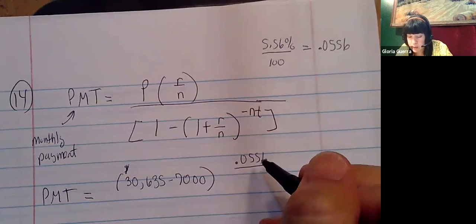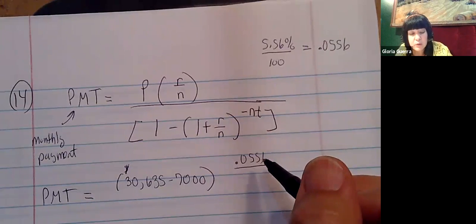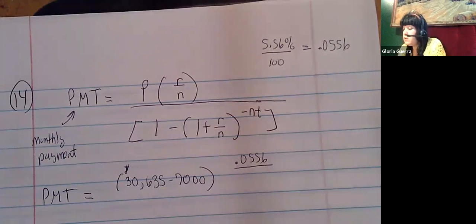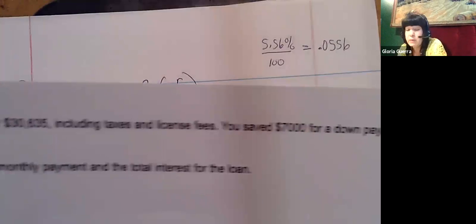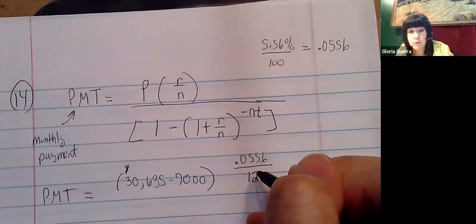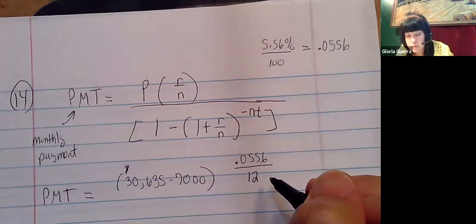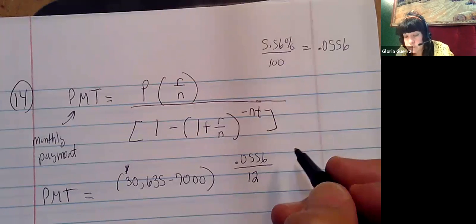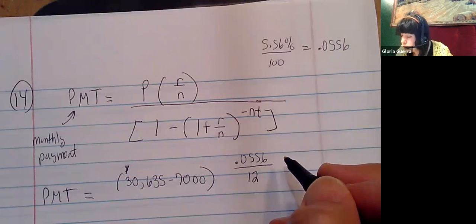And then your N is, let's see, we're buying a car, and it says monthly payment. So you're going to make a payment every month for that year, right? So over 12.